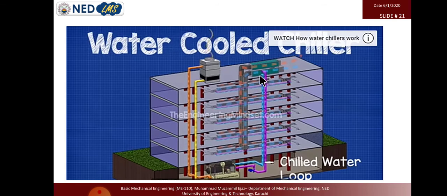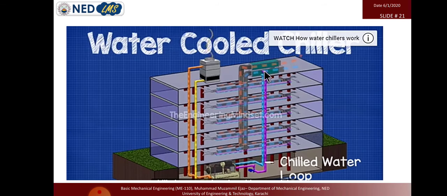Sometimes it is 8 degrees centigrade, or we have a delta of 5 degrees centigrade. Like if the chilled water goes out at 4 degrees centigrade, it returns at 10 degrees centigrade. And if the chilled water goes out at 7 degrees centigrade, it returns at 12 degrees centigrade. So we have a delta of 5 to 6 degrees centigrade.